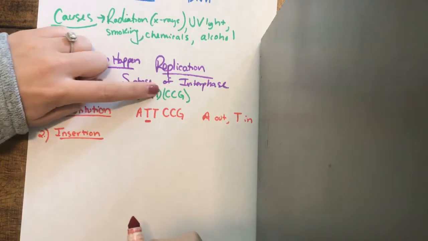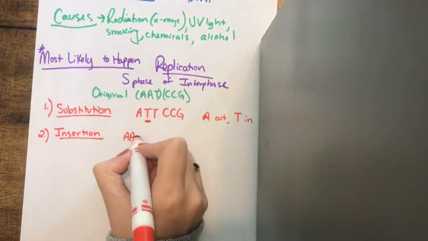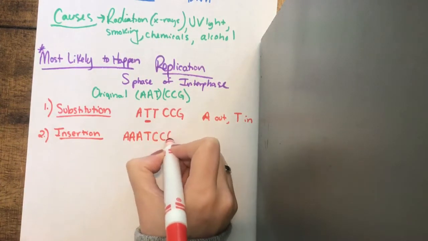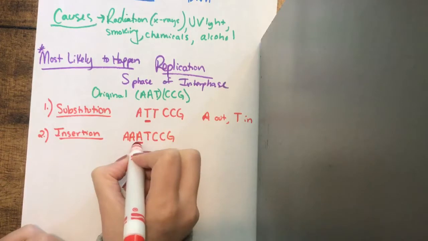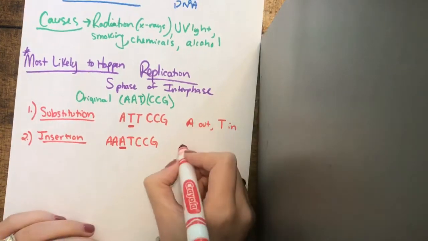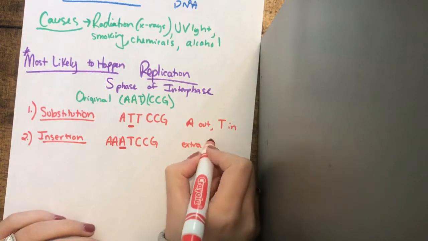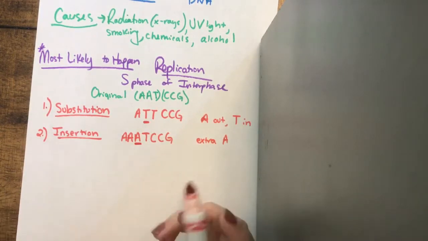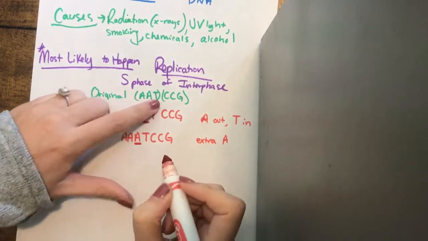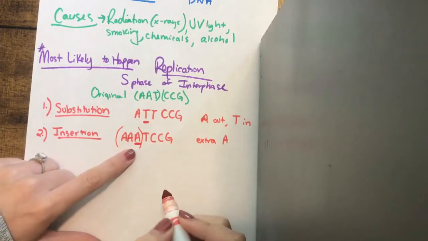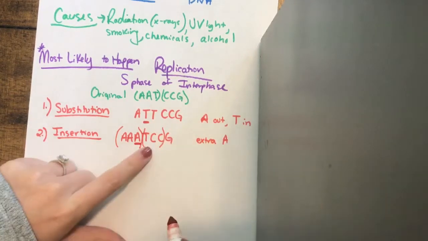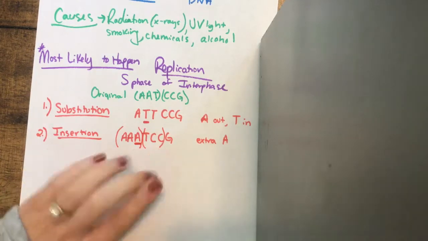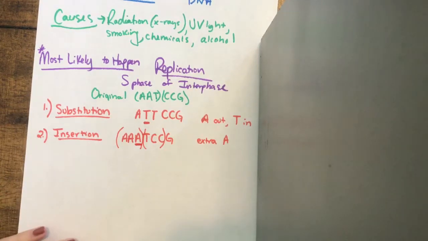It was supposed to be A, A, T, but instead it's going to be A, A, A, T, C, C, G. So what happened was I added this extra A. Now what that does is that changes the frame that we read. So instead of A, A, T, now the first one's going to be A, A, A. And it's going to change every single amino acid after that. So that's really bad. We're going to come back to that in just a second.